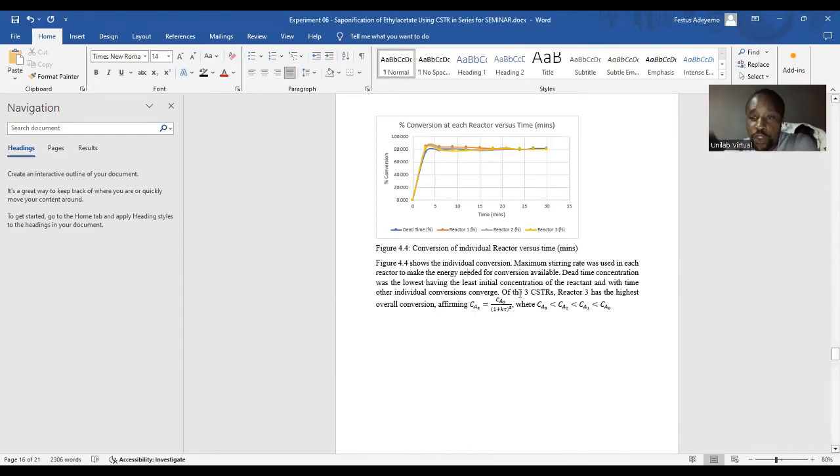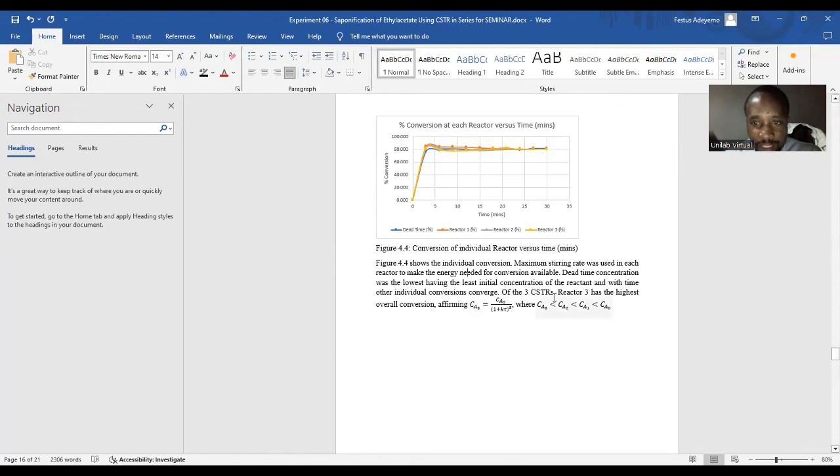Maximum stirring rate was used in each reactor to make the energy needed for conversion available. Dead time concentration was the lowest, having the least initial concentration of the reactor. And with time, the other individual conversions converge.